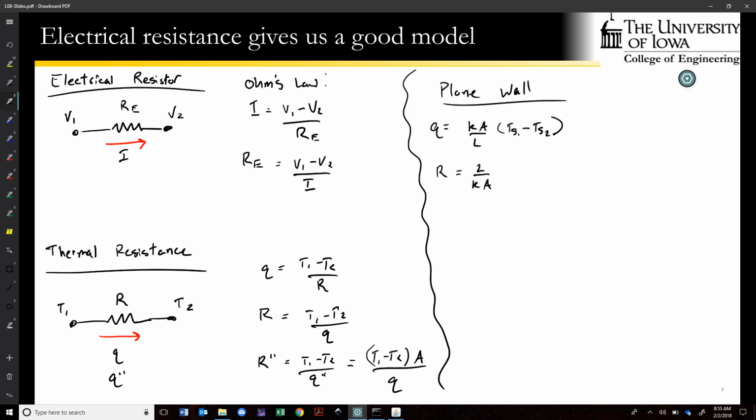Seems fair. At the same time, if you were to make the surface area of the wall larger, then you're going to be able to transfer a larger bulk amount of thermal energy through it per unit time with the same temperature jump. Also seems fair. So we get the right kind of physical behavior out of this. This makes sense.